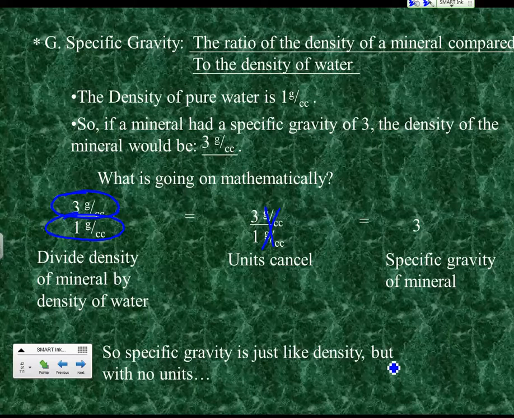You guys got that? It's like density, but no units. And it's pretty useful for finding out the identification of certain minerals. For instance, you could find the specific gravity of pyrite and compare it to the specific gravity of gold, and you'd see that, of course, gold has a much higher specific gravity. Okay, moving on.